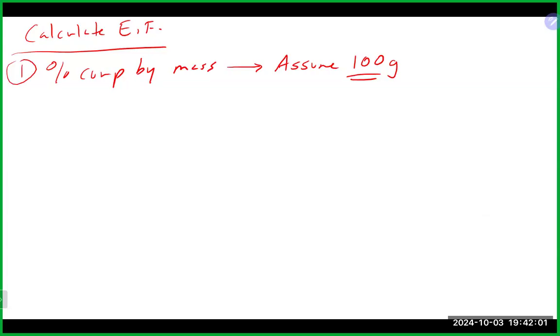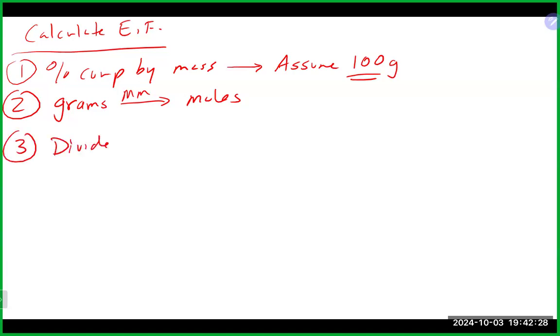You could assume as many grams as you want, but the numbers would change. If you keep it at 100 grams, then whatever the percentage is, that is how many grams you have. Once you have that, take those grams for each element and convert them into moles, using the molar mass calculation we've been doing. The third step is to divide by the smallest number of moles.